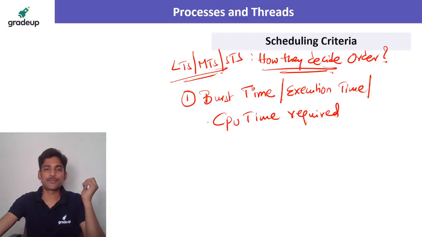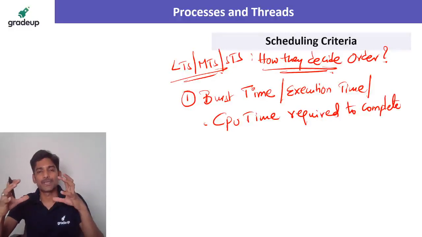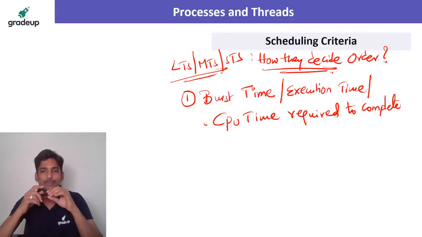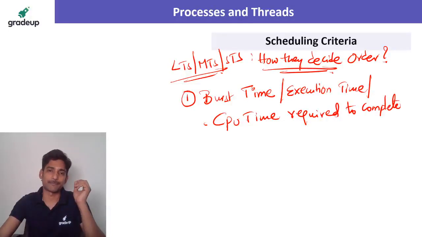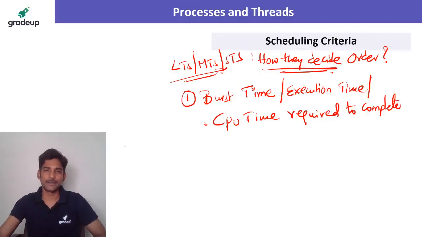The time of processor required to complete. The burst time or execution time is the total time of CPU that is required for a process to get completed. This is one parameter based on which scheduling is done.